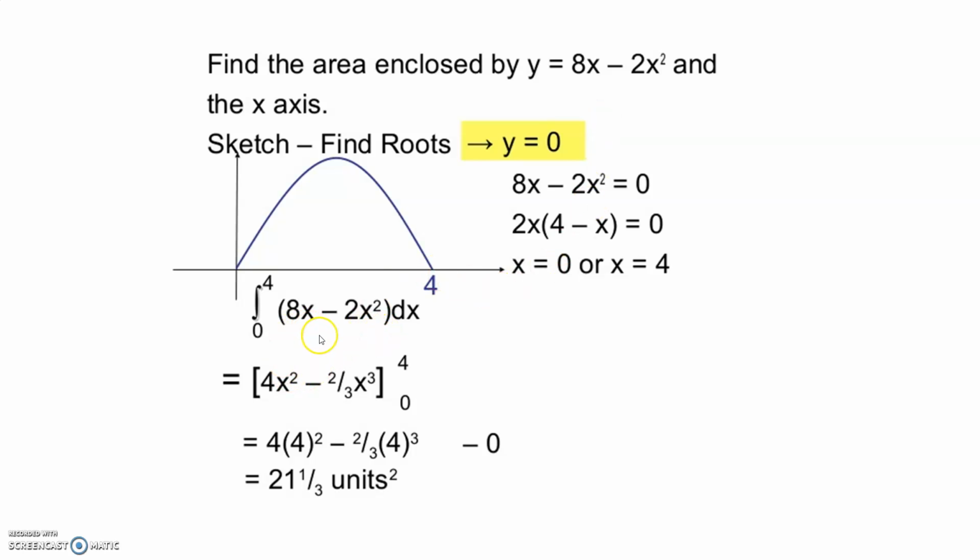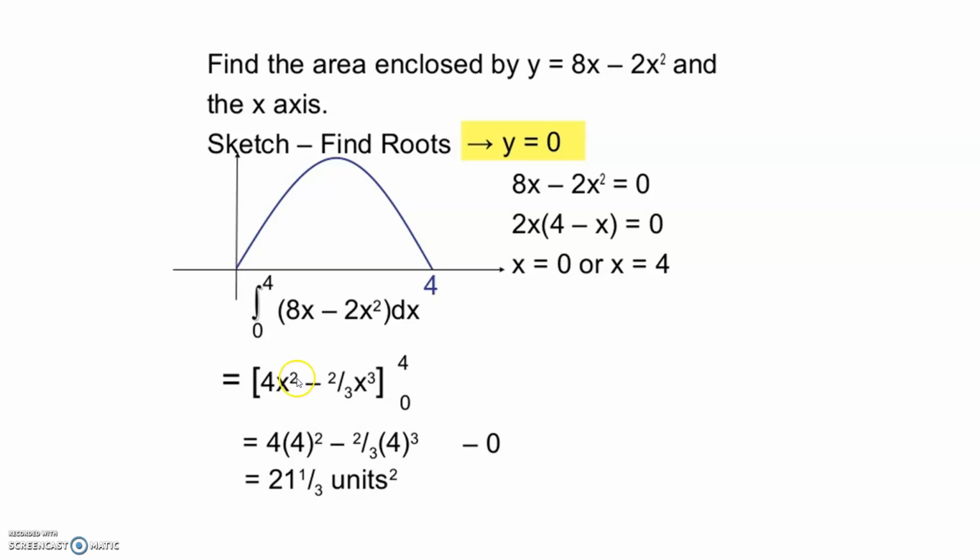So what is the integration of x? Yes, it is exactly x square upon 2. What is the integration of x square? It is exactly x cube upon 3. So dividing by 2, obviously 2 fours are 8. So 4x square minus 2 by 3 x cube, lower limit 0, upper limit 4.